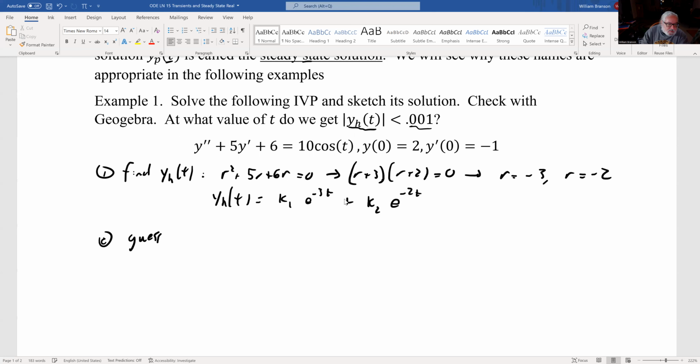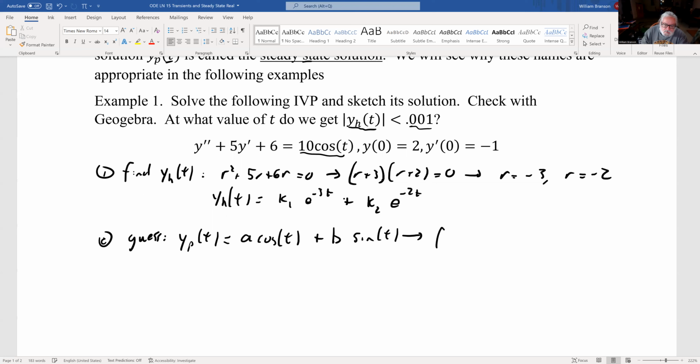We make a guess. y p of t equals, well, since the forcing is 10 cosine t, we want to guess a cosine t plus b sine t.